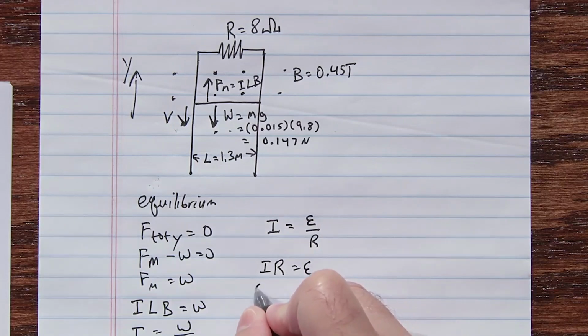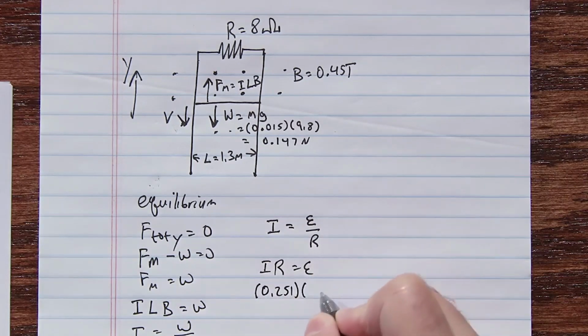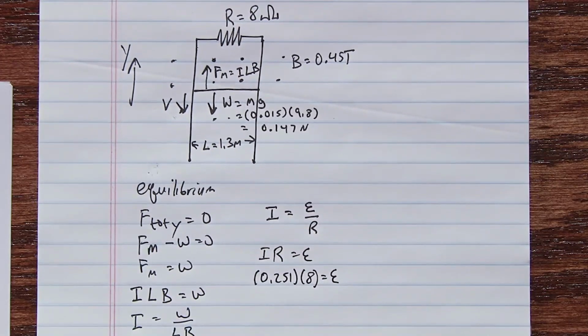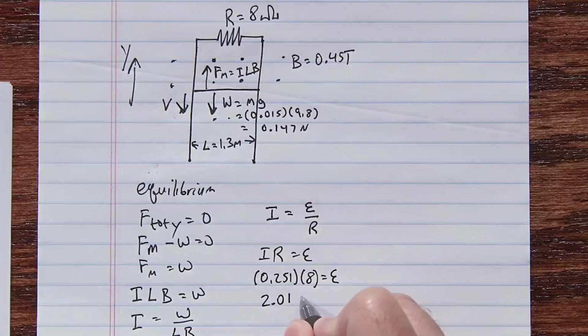The current is 0.251 amperes. The resistance is 8 ohms. So the electromotive force that we're looking for is 0.251 times 8, or 2.01 volts, is equal to the electromotive force.